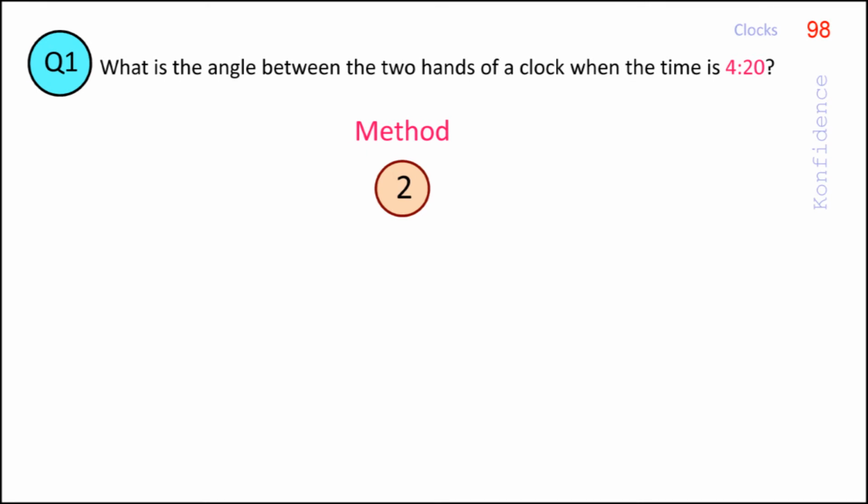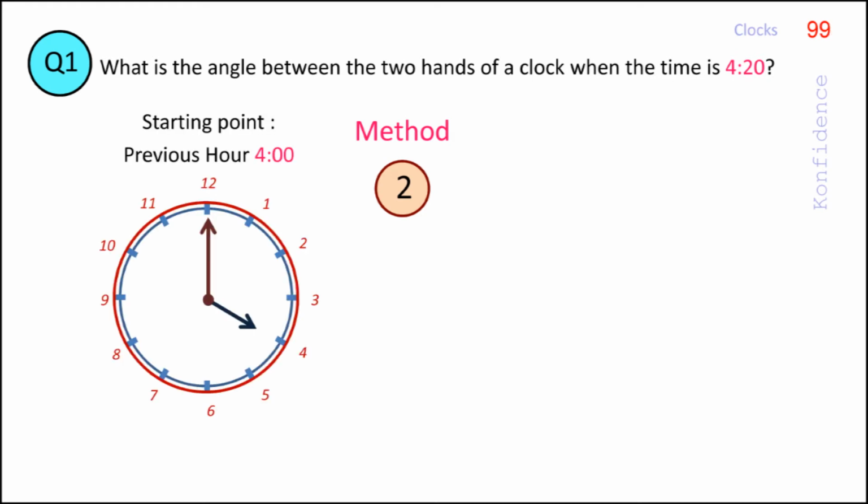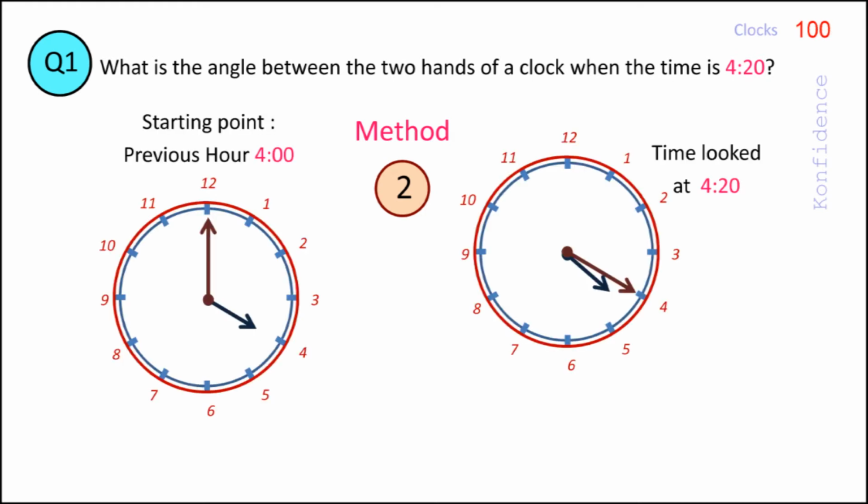The second method to approach the same question is to look at the difference between the angles of the two hands at the previous hour and look at the travel of the two hands thereafter. See the figures given in the slide. The angle between the two hands at 4 o'clock is 120 degrees. 30 into 4 equals 120 degrees.